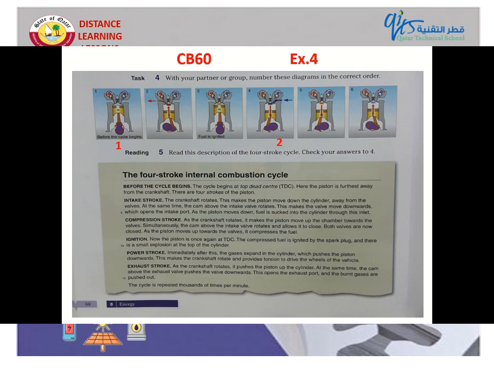So now pause the video, use this process of reading and eliminating options to get the correct order. Once you get your order, try to compare your answer with the answer you wrote before reading the description.